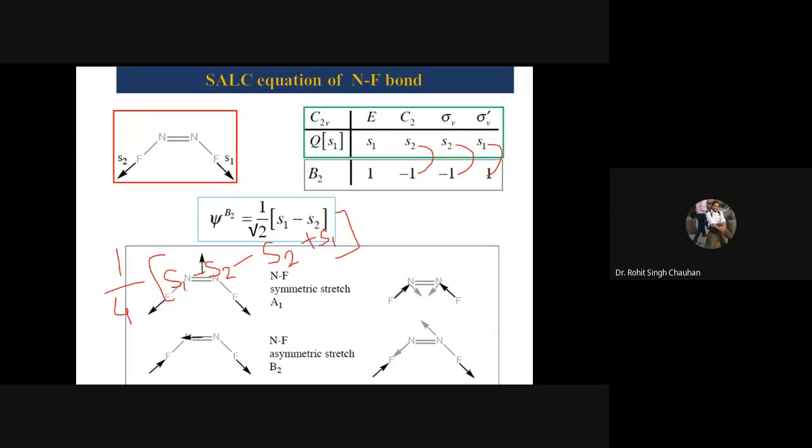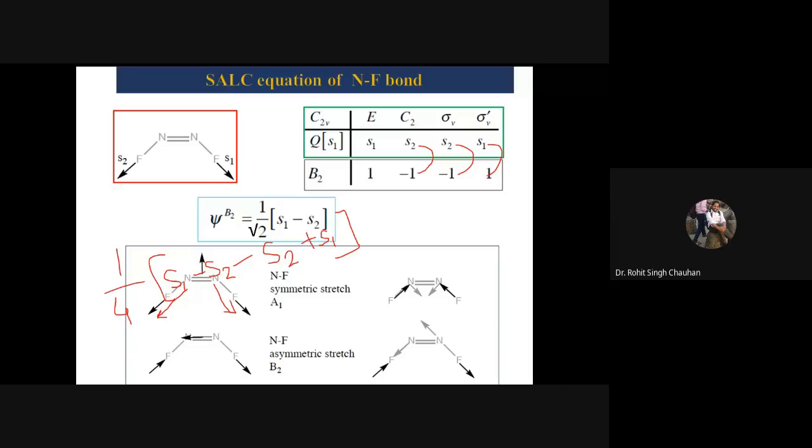If it is A1, then another NF will also move in the same direction, because A1 is the most symmetric mode, and all the symmetry elements in the A1 mode belong to +1. It means everything should be the same. Now, if this part of the molecule is moving in this direction, then to counter it, the remaining part will move in the opposite direction. So this is one representation of A1.